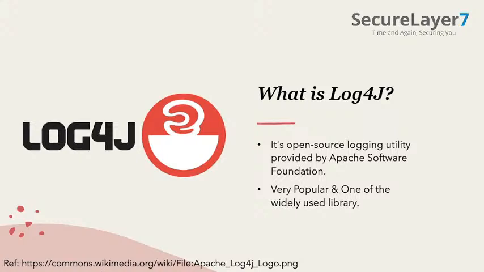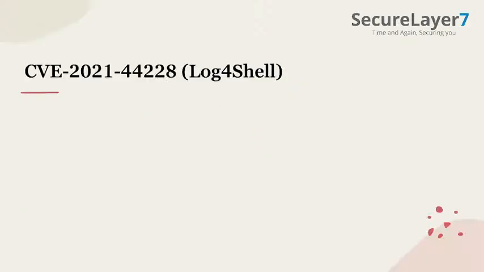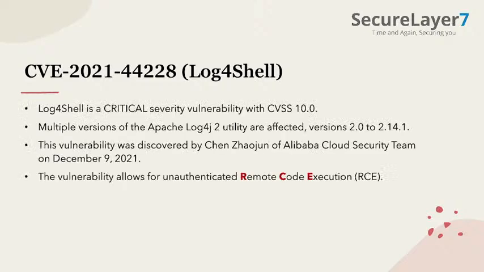Okay, so we have a good context of it. Let's move on to the very first bug that came into the public, which is also famous as Log4Shell, right? Log4Shell is a critical severity vulnerability with a CVSS score of 10, which is out of 10, so it's the maximum.